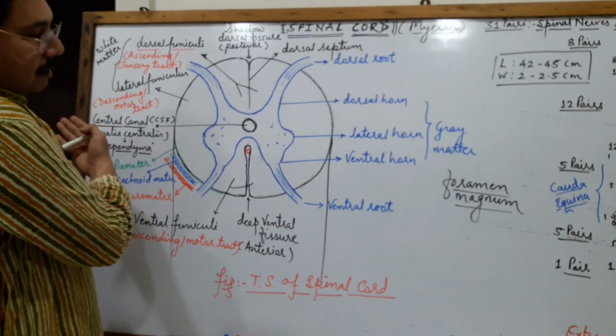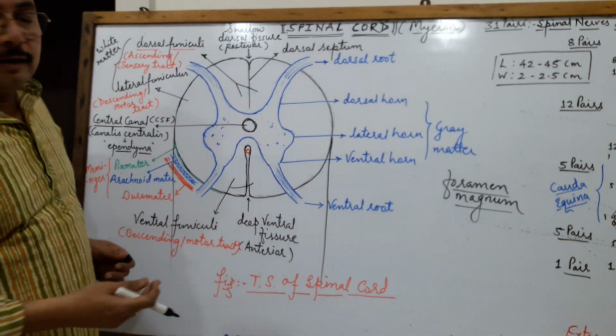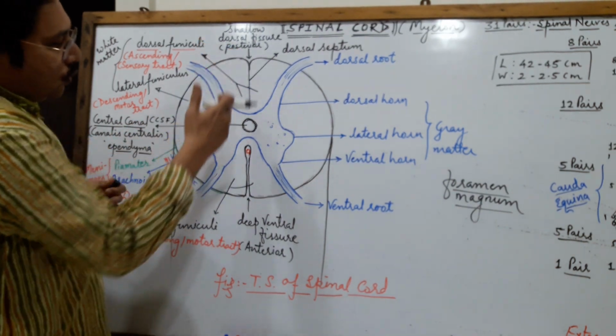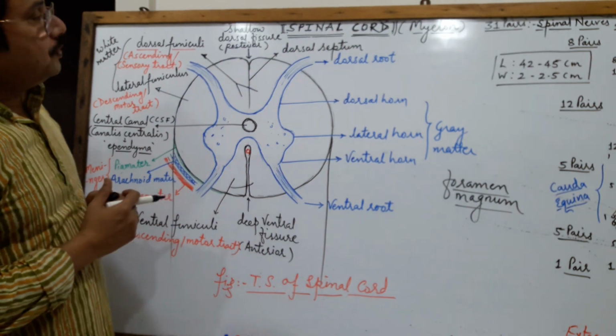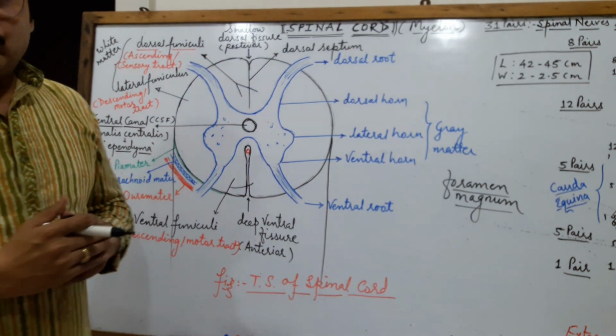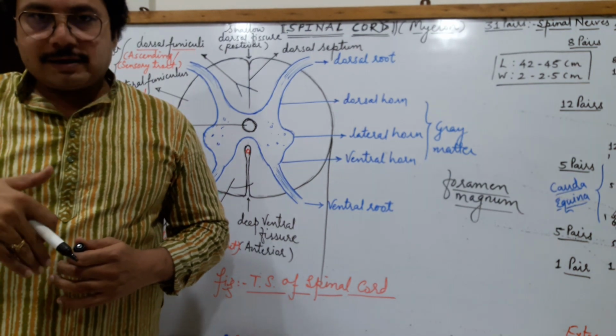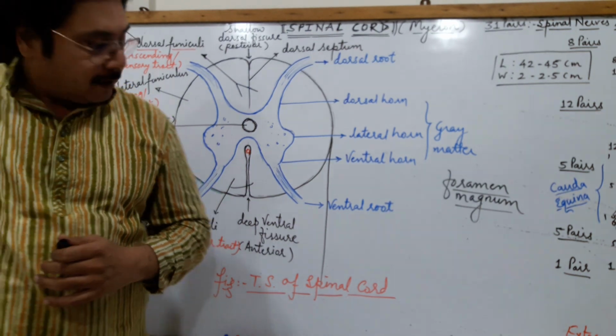And when we cut this spinal cord transversely, it shows two grooves or fissures, one towards the ventral side and another on the dorsal side, the mid ventral and the mid dorsal side.